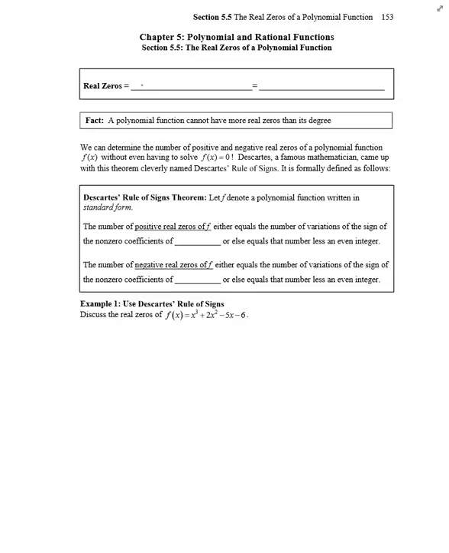So real zeros of a polynomial function are also called real roots, and they're also the x-intercepts of the graph of the function.